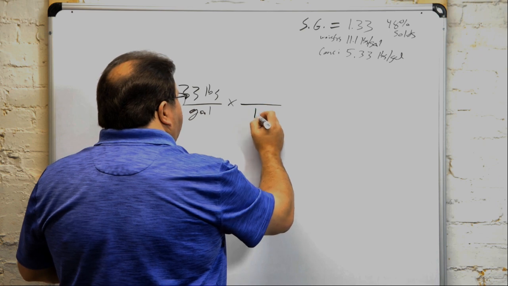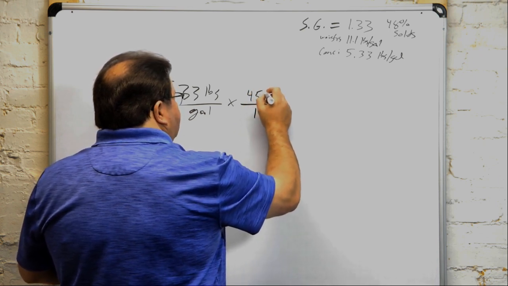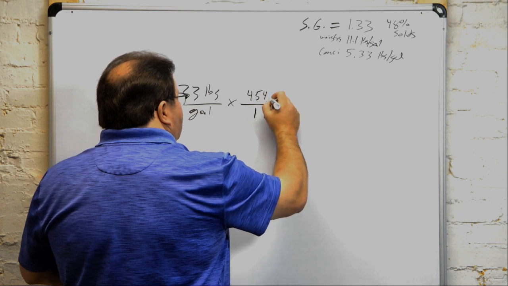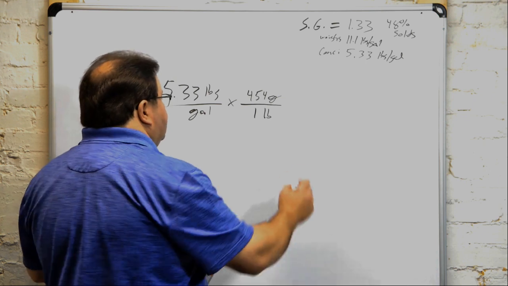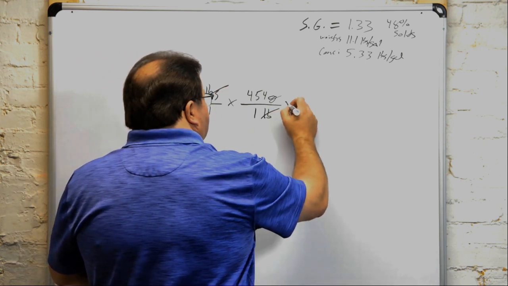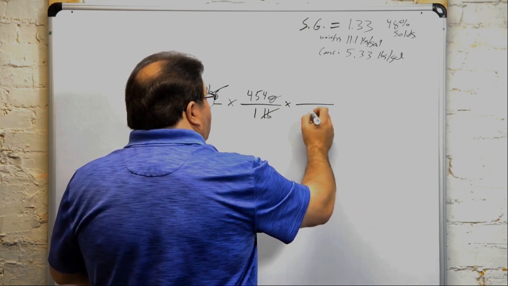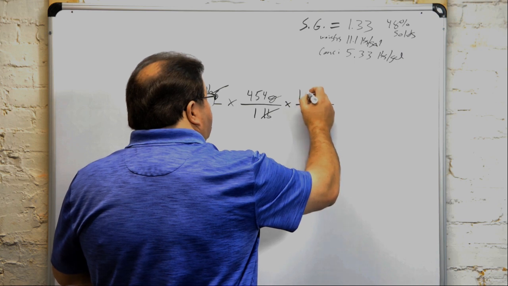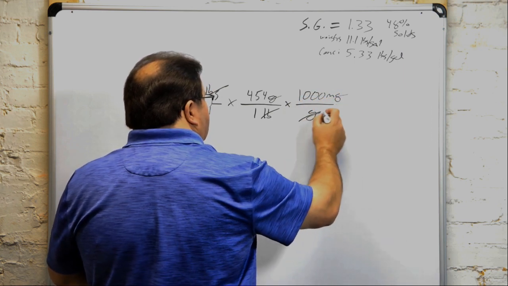So 1 pound is the same as 454 grams, right? So we can cross out our pounds here, times, all right, 1 gram is equal to 1,000 milligrams.